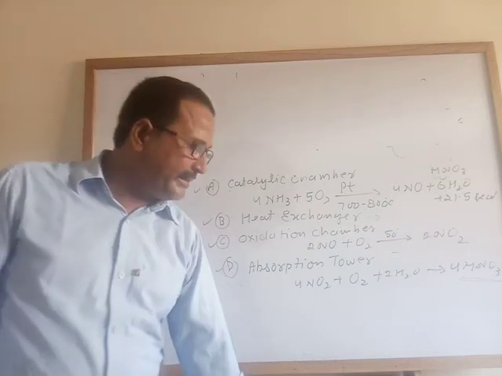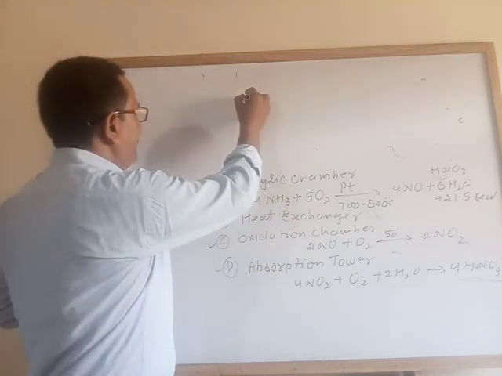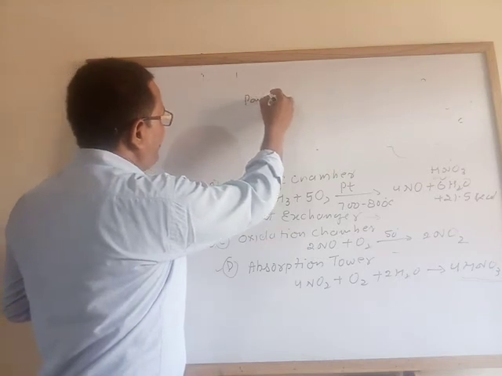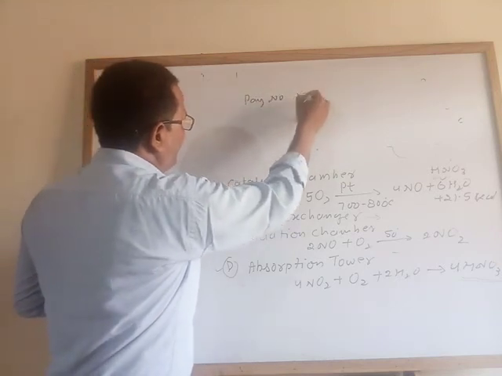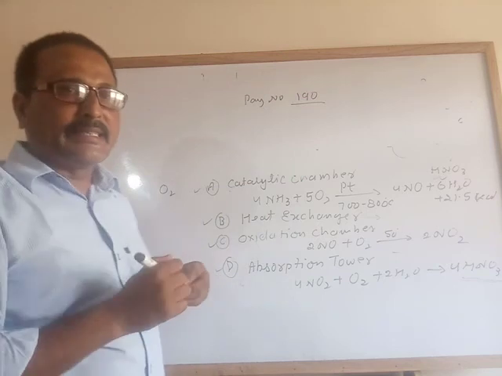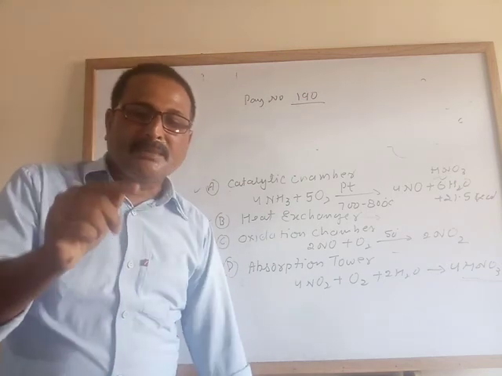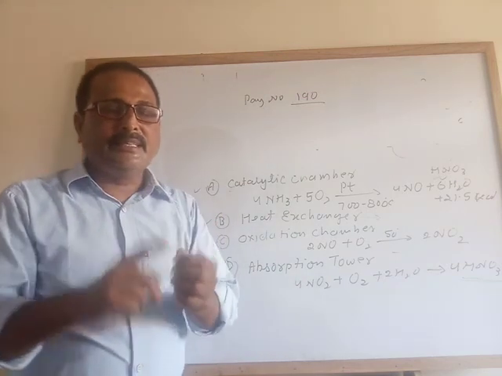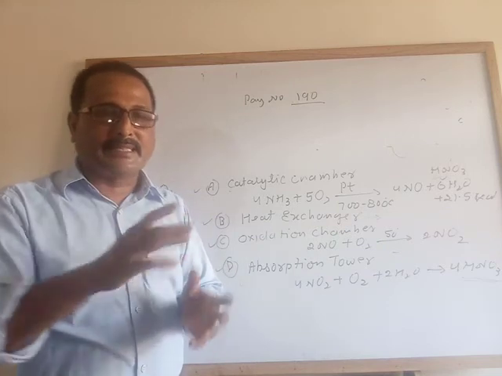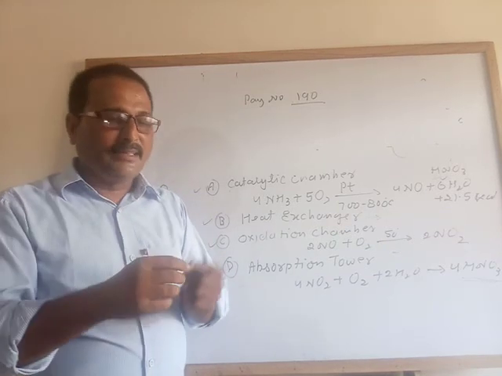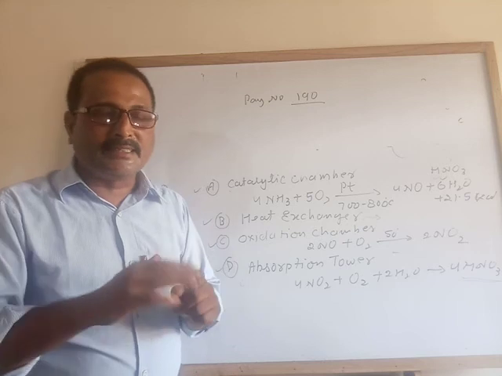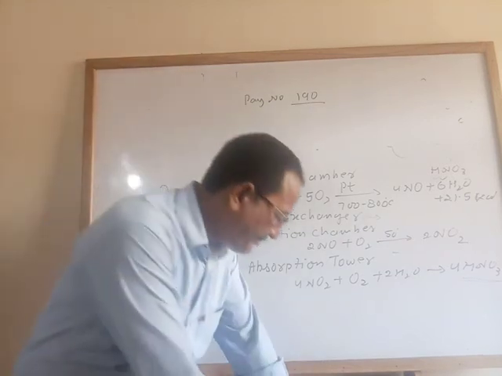It is given on page number 190. So when nitric acid reacts with the protein present in our skin, it forms xanthoproteic acid. Due to that, the color of the skin changes into yellowish color.